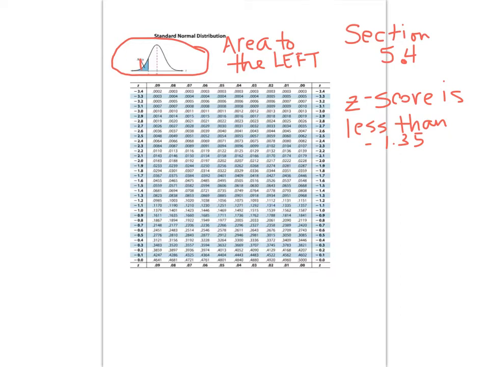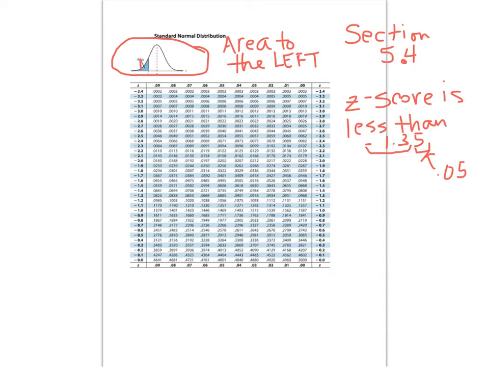We want to look at negative 1.3 and look down the first column. That's bold. I'm going to move the ruler here so you can see that's at negative 1.3. And then I want to look at the hundredths place. That's going to be that first row across the very top.